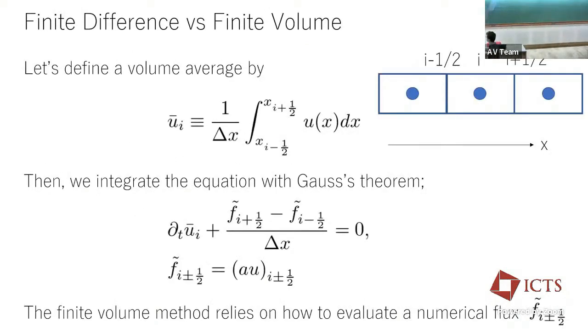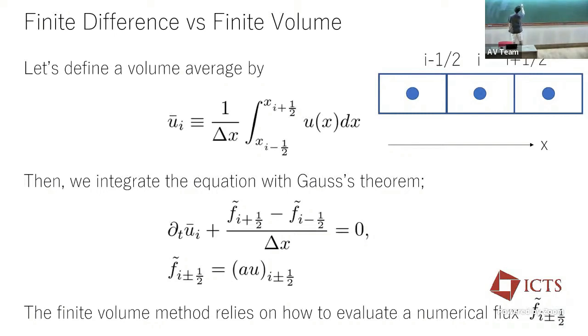Is the last expression U or U bar? Sorry, this is U, but U at the interface. I will explain how to construct the U at the interface. It is not U bar.